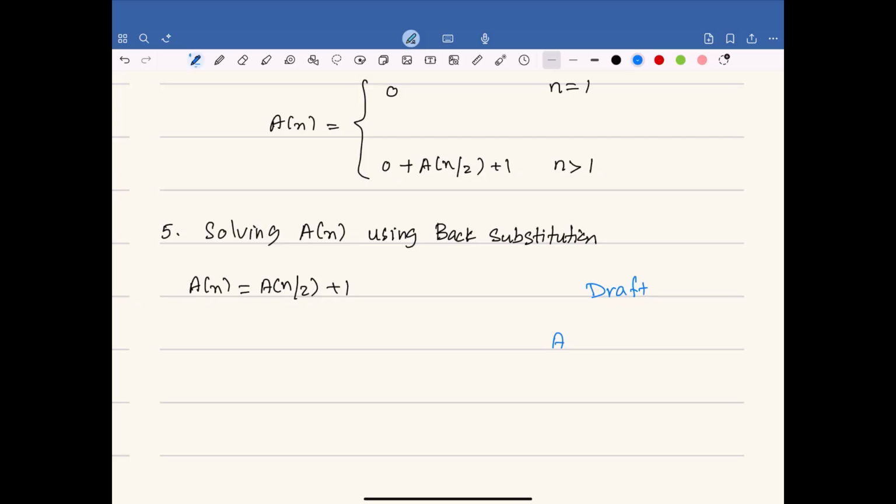First, what is the value of A of n over 2 equal to? It is A of n over 2 square plus 1. And for A of n over 2 square, it is equal to A of n over 2 raised to power 3 plus 1, and so on.